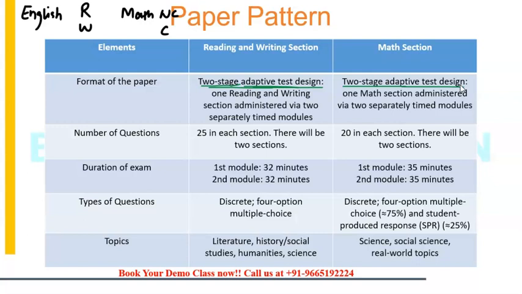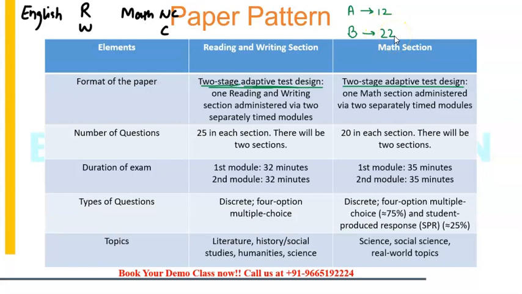For example, let's suppose there are two people A and B, and the first section of the English part consists of, let's suppose, 25 questions. The first person attempts 12 questions correctly. The second person attempts, let's suppose, 22 questions correctly.